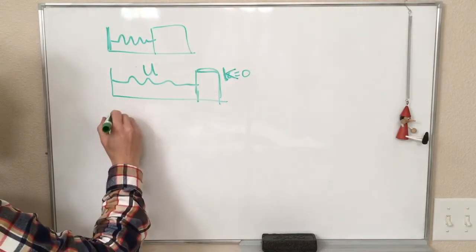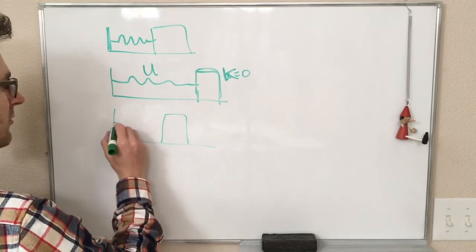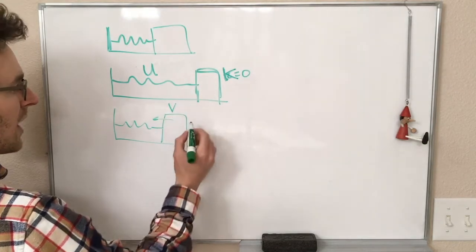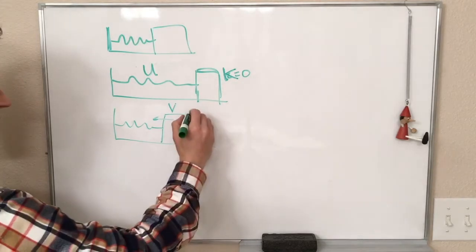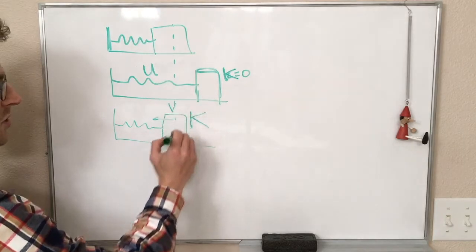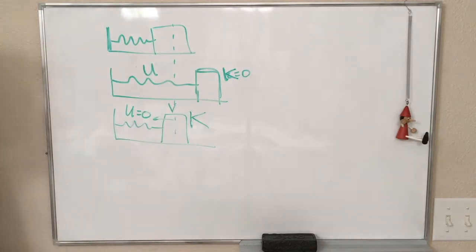So if we let it go now, our mass is going to accelerate to the left. It's going to have some velocity, right? So it's going to have some kinetic energy K. But when it's at the equilibrium position, at the equilibrium length of the spring, our potential energy is equal to 0.